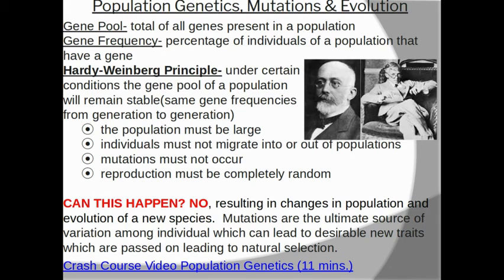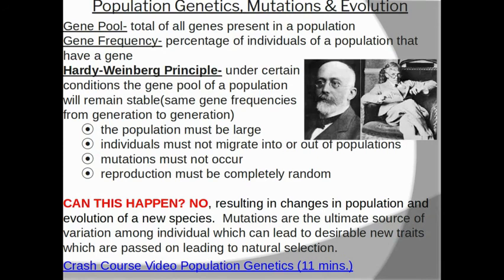You can't have anybody migrating in and out of the population. You've got to have a stable group that does not leave. So if you were thinking of your classroom and you were to say, oh, all the redheads were leaving the classroom, or everyone with blue eyes is out, right? That can't happen. Mutations can't occur, and organisms in the population have to mate randomly.